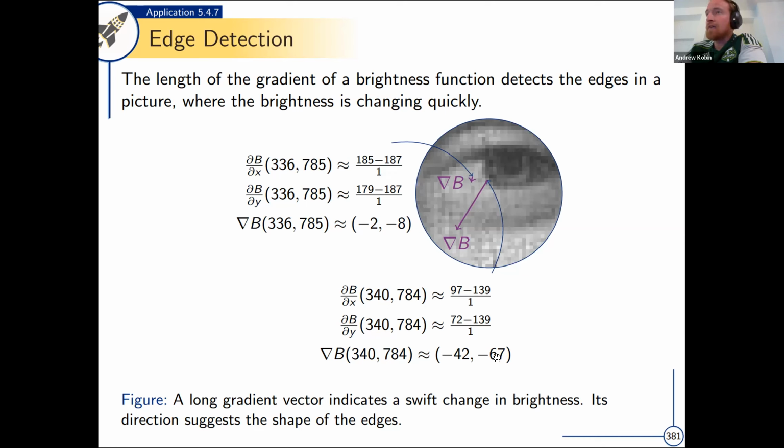So it's really the length of the vector that's interesting to us for this particular question. But it also helps you identify geometrically the different regions, because the vectors will be pointing towards regions of higher brightness. And as we said earlier in the video, the brightness gradient vector will be perpendicular to the level curves.